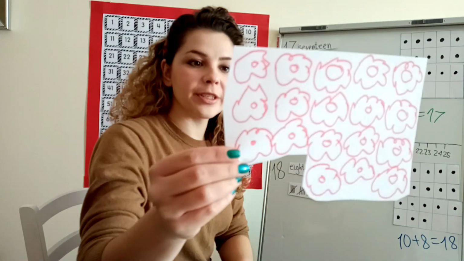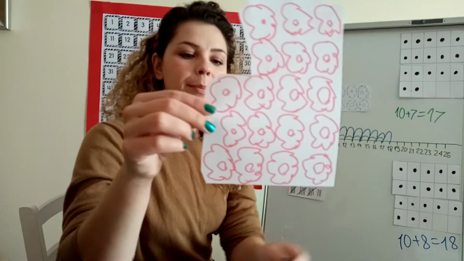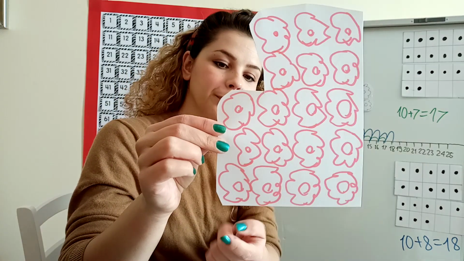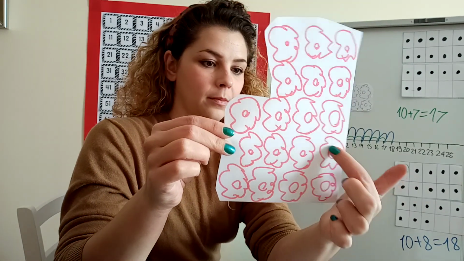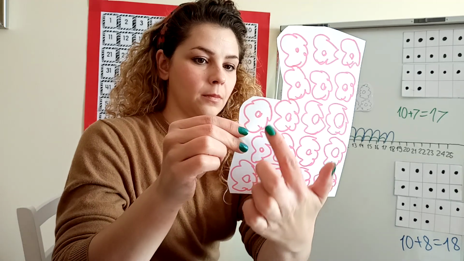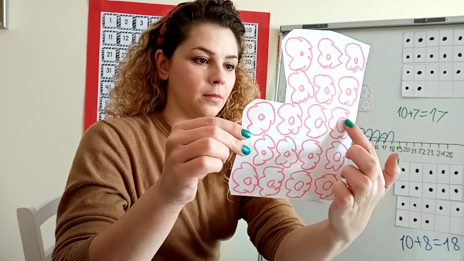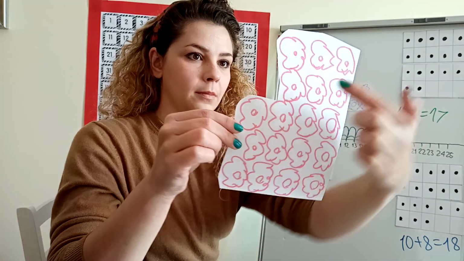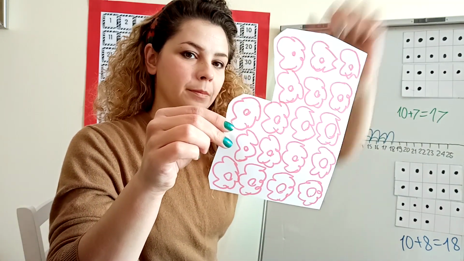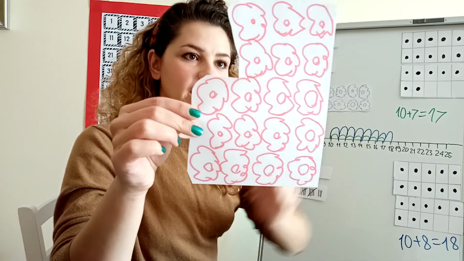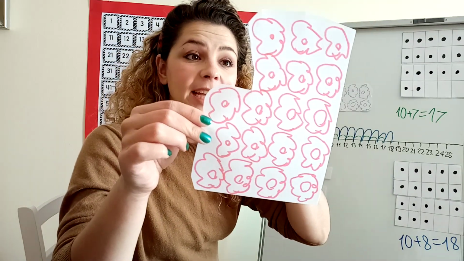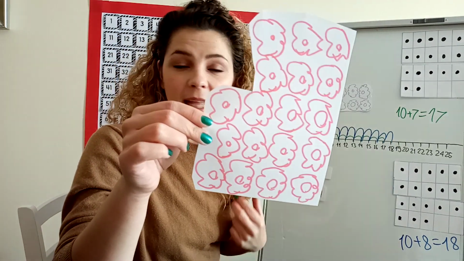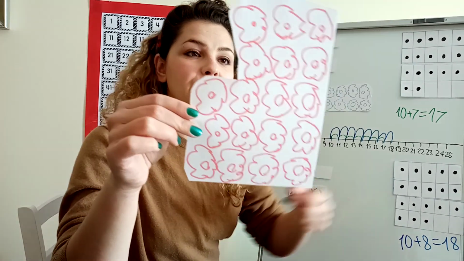Okay, how about here? These pink flowers. Can you please count them? And one more time. I'm just going to start from a different place, in a different order, but that doesn't change the number of flowers you can see.